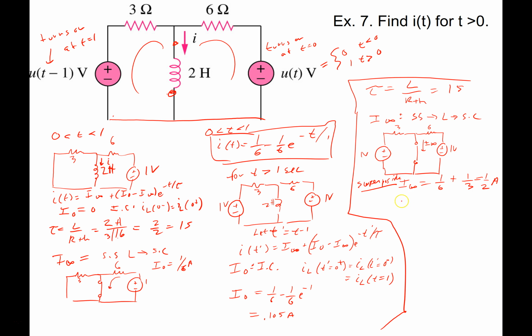So for t prime greater than 0, I of t prime equals 1/2 plus 0.105 minus a half. That's the I0 minus I infinity, e to the minus t prime over 1.